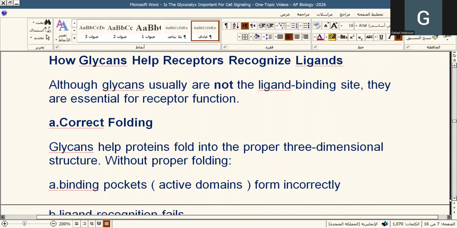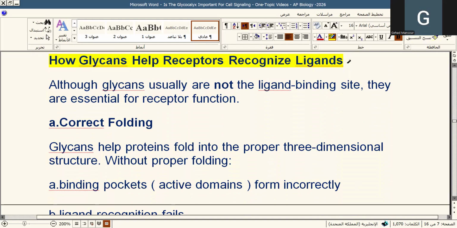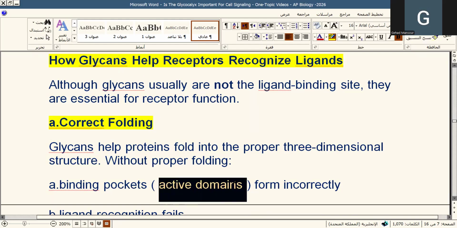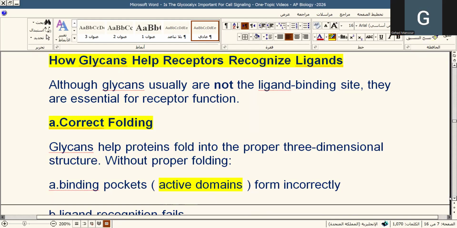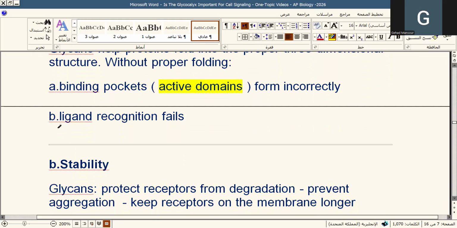Now, here we have more details for those who want to go deeper: how the glycans help the receptors to recognize ligands. We've just explained this. Although the glycans are not the binding sites, through correct folding they help the active domains or binding sites form correctly and recognize the ligand.